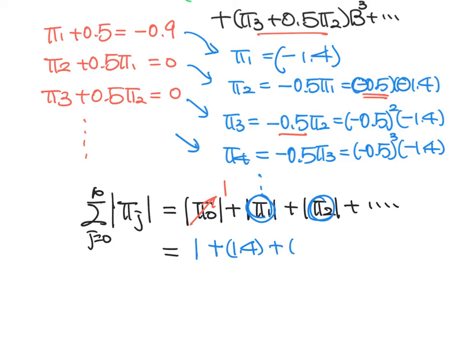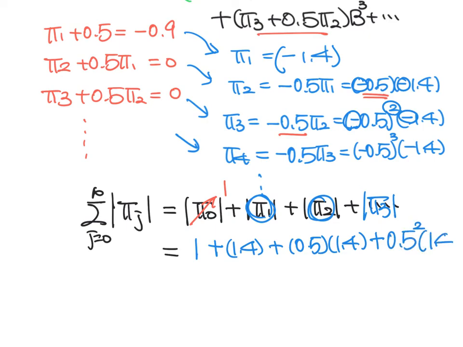So it's just 0.5 times 1.4. It's the same thing. The next one is pi 3. Negative squared will be positive, but we don't care about the sign. So simply the absolute value of pi 3 will be 0.5 squared times 1.4, and let's keep going to infinity.